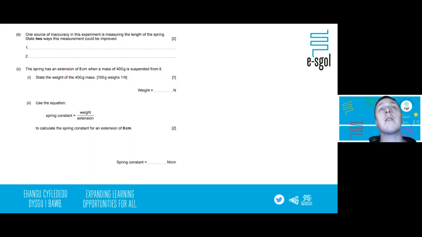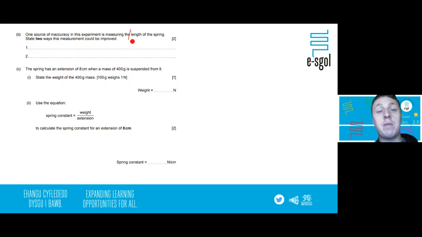Question B, 2 marks, is to do with how to perform this experiment to the best of our ability. One source of inaccuracy is measuring the length of the spring. State 2 ways this measurement could be improved.